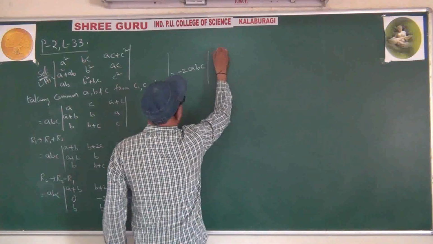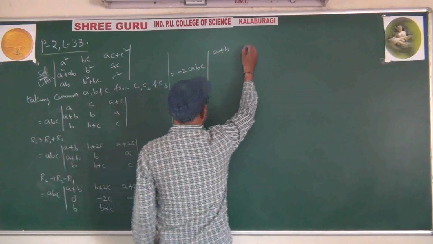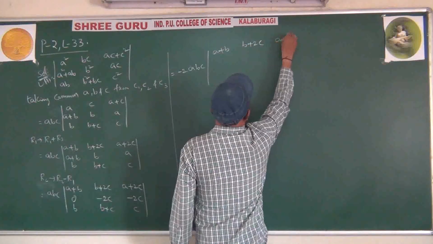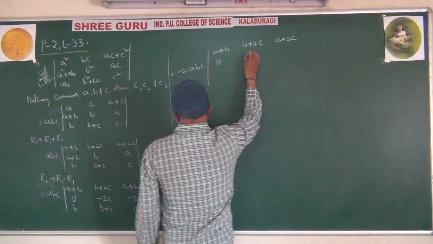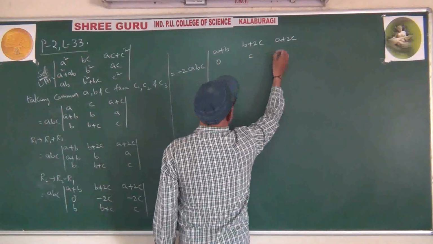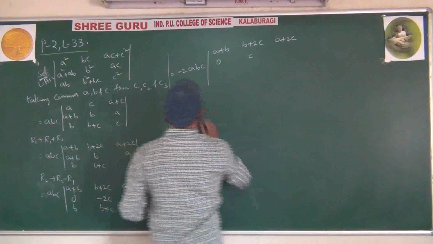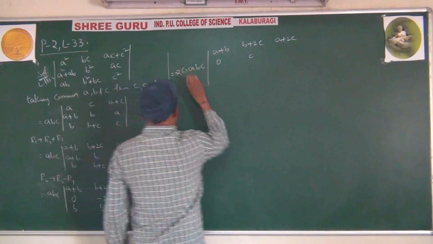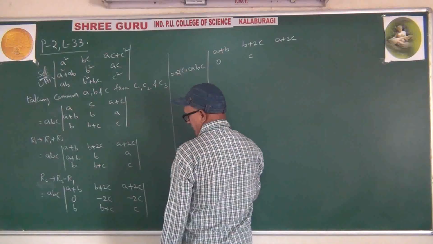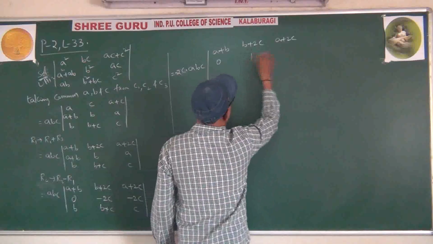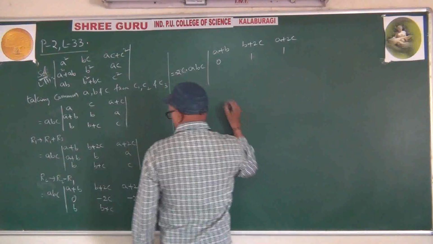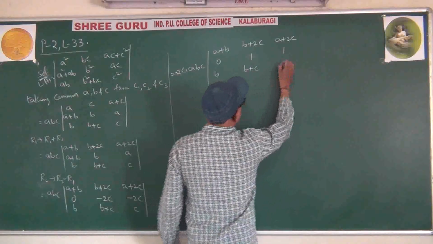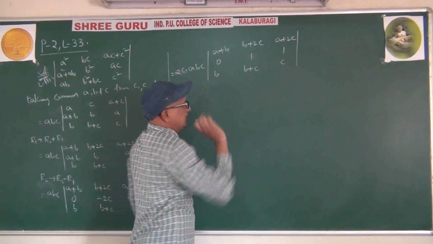First row will be as it is. Minus 2c common. Right? Minus 2c went out: 1, 1, b plus c, b plus c, c.